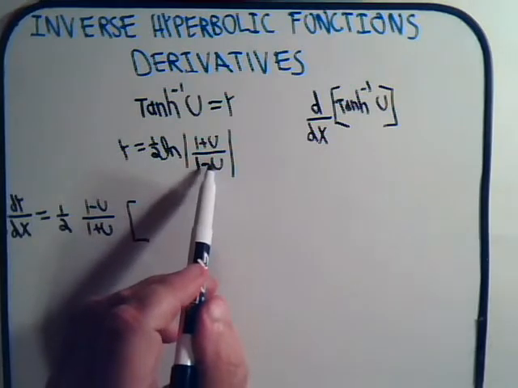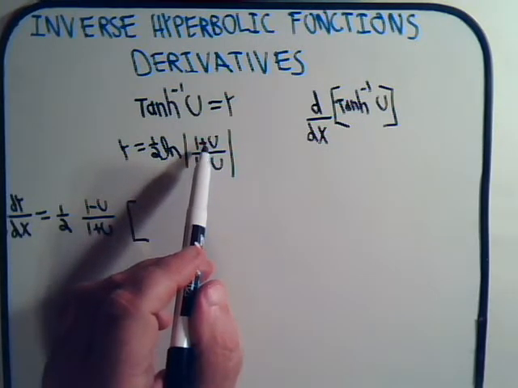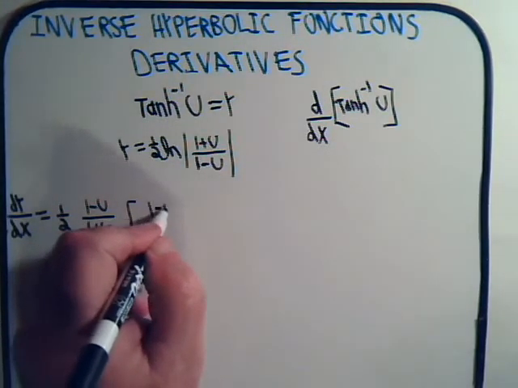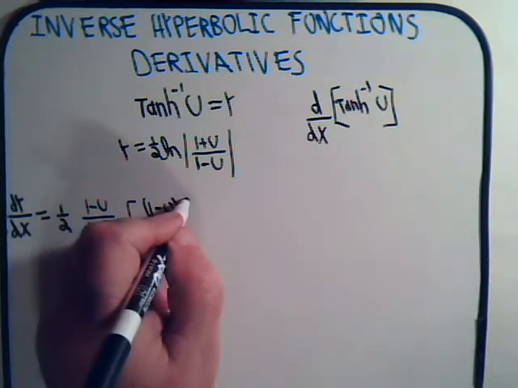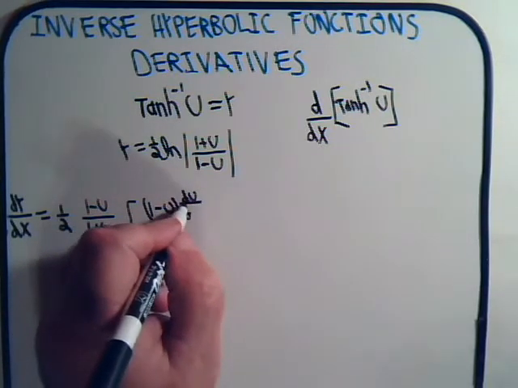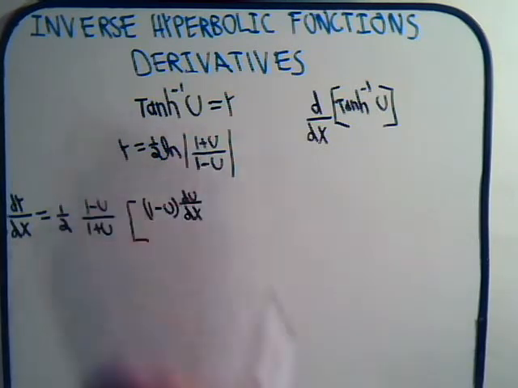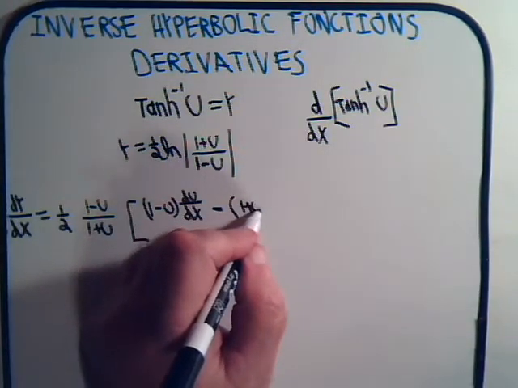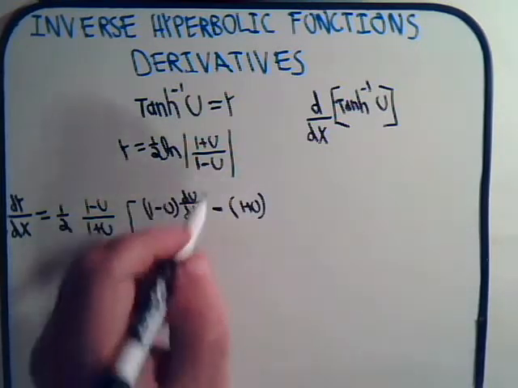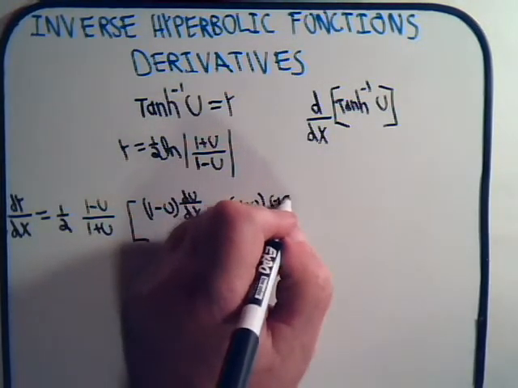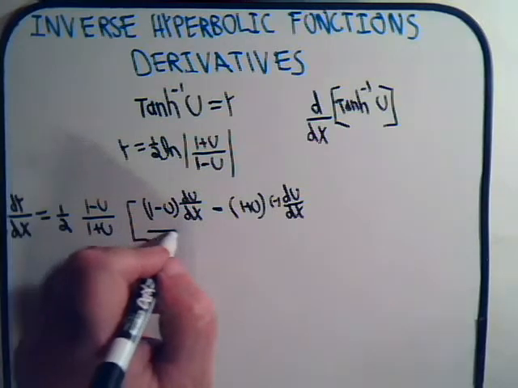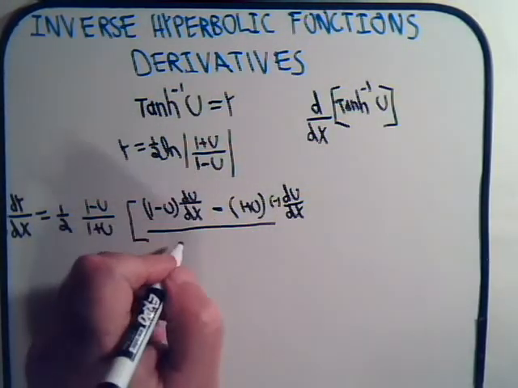And that's going to be this, (1 minus u), times the derivative of this, du/dx, minus this, (1 plus u), times the derivative of this, which is minus du/dx, divided by this squared.